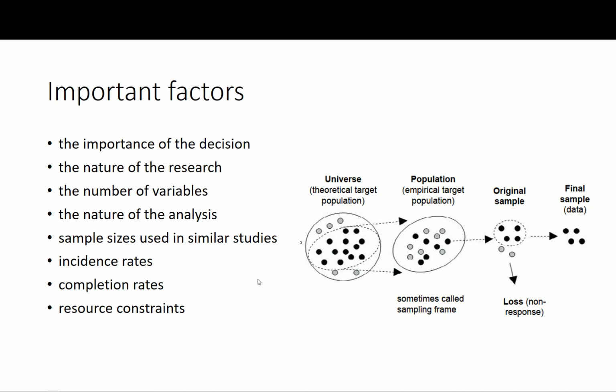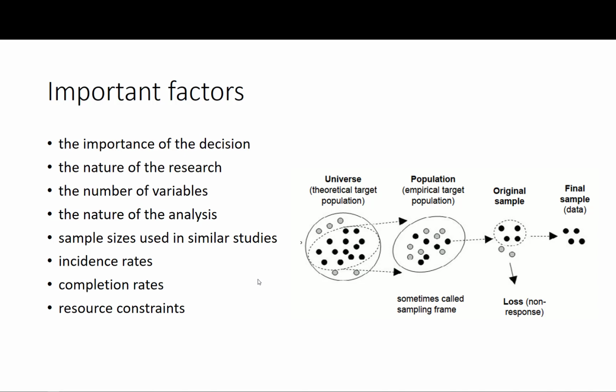So therefore, you need to access a large number of people in order to get a reasonable sample size of respondents to fit within your sampling frame or your final sample.